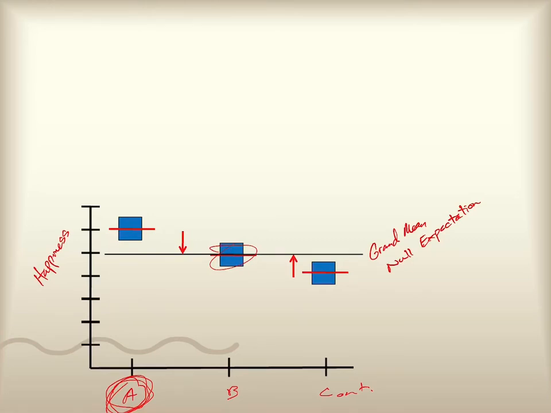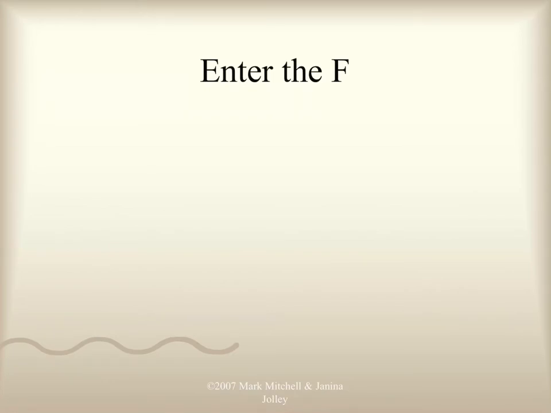Once we have that between group variance, we're going to then compare it to the within group variance, the error variance. And to do this, we use the F statistic. Now, technically, this is calculated by comparing the mean squares of the treatment, or MS between.